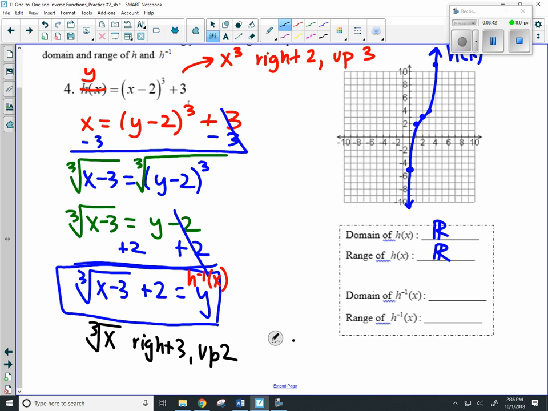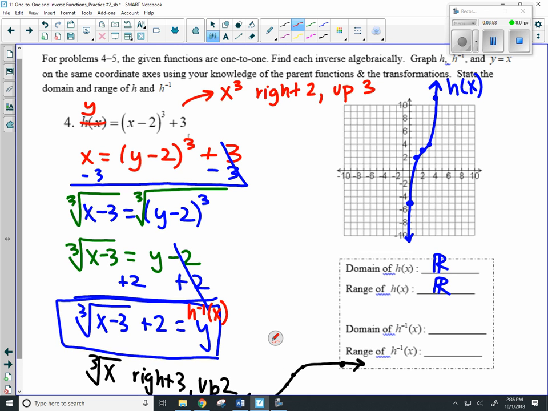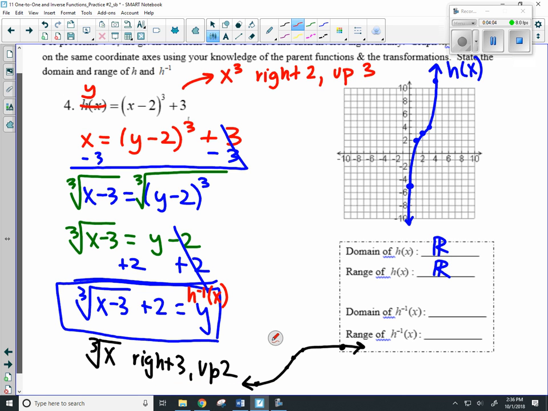So if you remember, this is the parent function that looks like this. Here, those same 3 dots in the middle, but we're going to go over 8 and up 2, and back 8 and down 2 for those other points. So this graph looks like that. So keeping that in mind, when we go to graph it, instead of starting at the origin, we need to move right 3, 1, 2, 3, and up 2. From there, do those other 2 points that were in the middle.